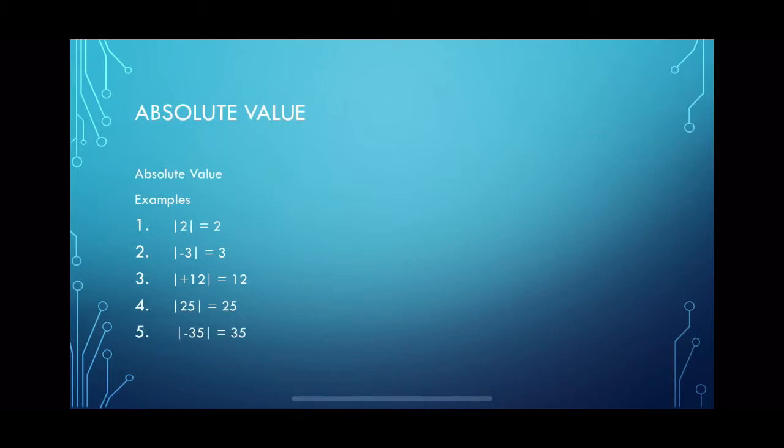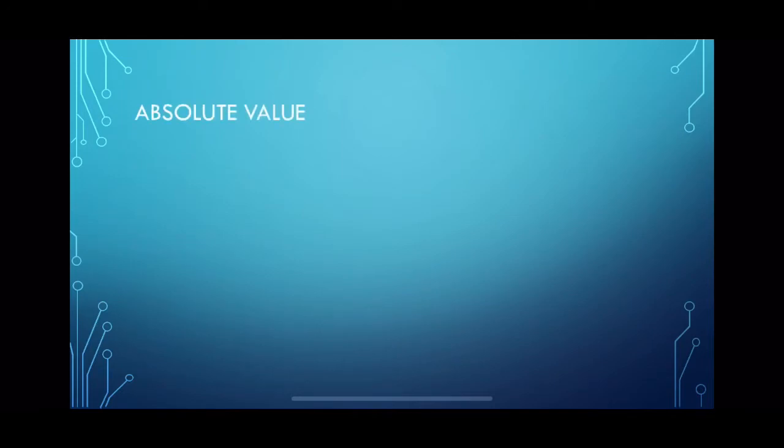Number 5, the absolute value of negative 35 is equal to 35, which is 35 units away from the origin 0 on the left side, on the negative side. Number 6, the absolute value of 100 is equal to 100, which is 100 units away from the origin 0 on the positive side.